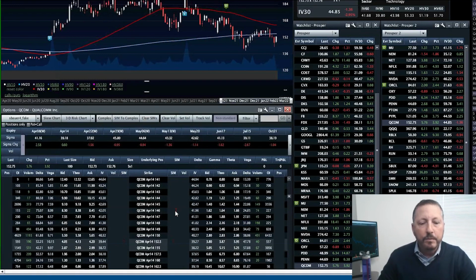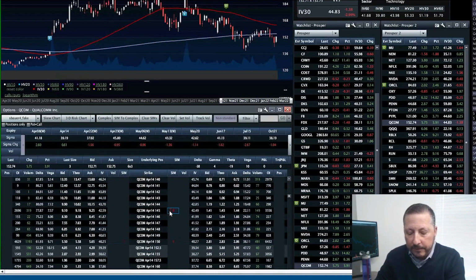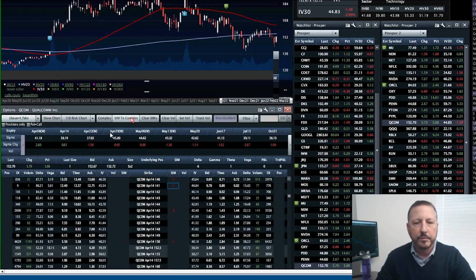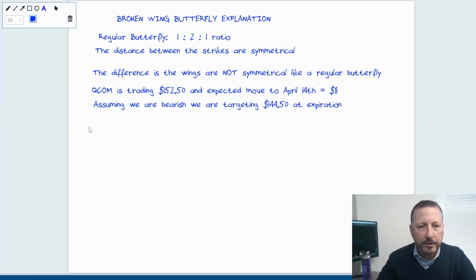Okay, so if we were putting on a bearish butterfly, a regular put butterfly, we might put on the 150, 145, 140, where our long put spread is $5 wide and the short put spread is also $5 wide.